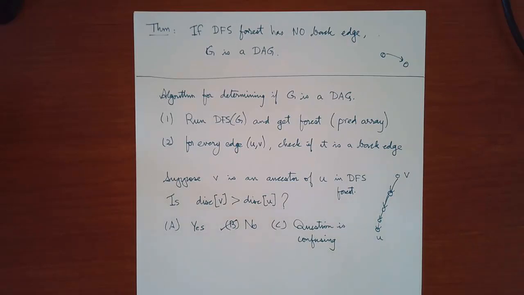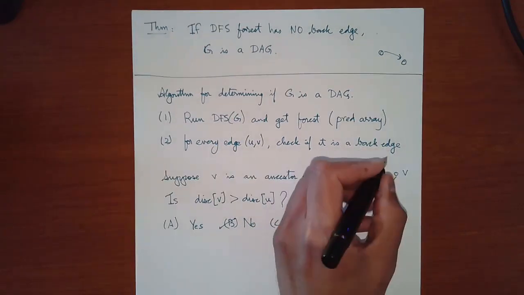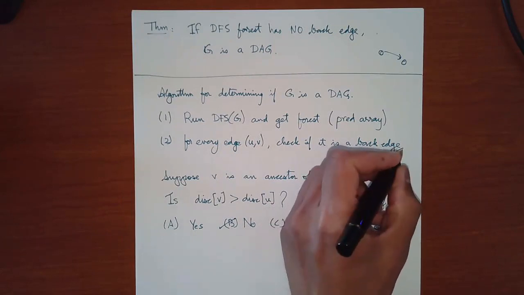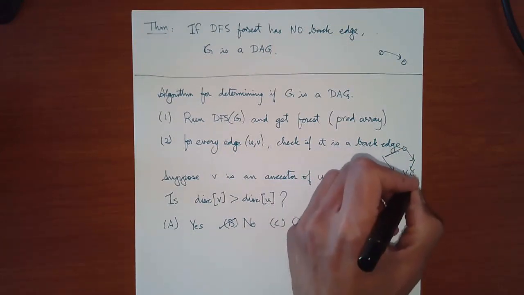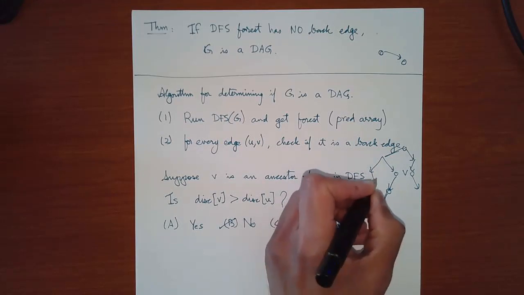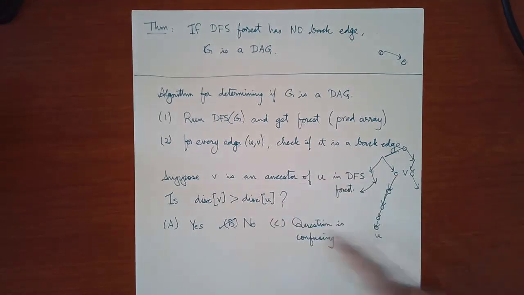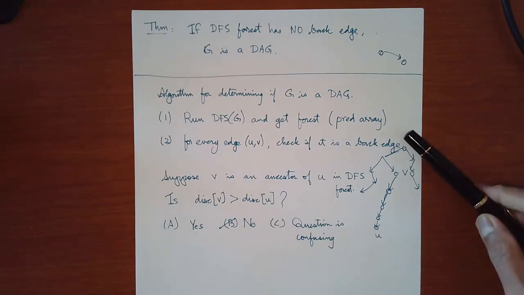Because it's a directed graph and we're starting off with V, but at least you don't know. Maybe there's something else in the forest. It could be anything. I just said that V is an ancestor of U, so you're not starting with V. You're starting with something else.